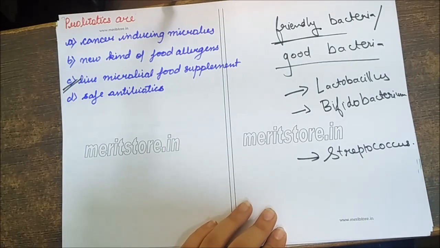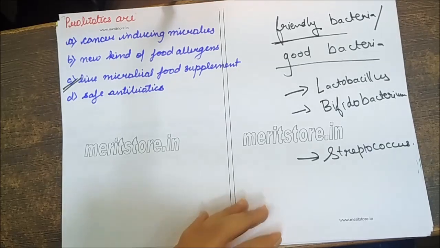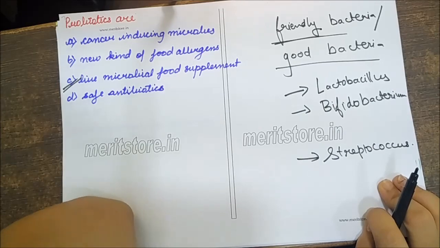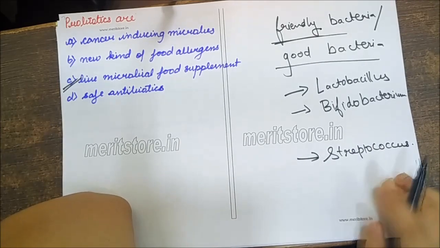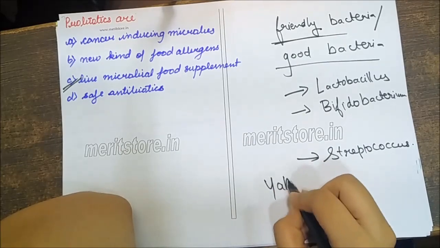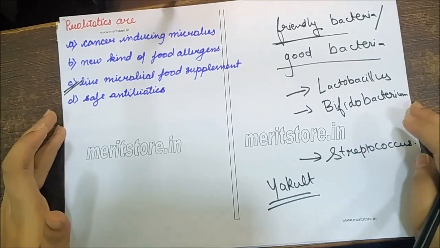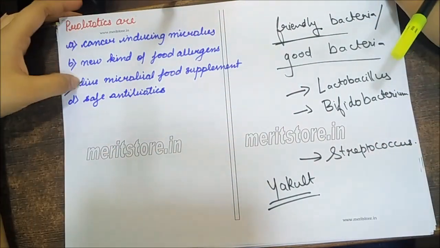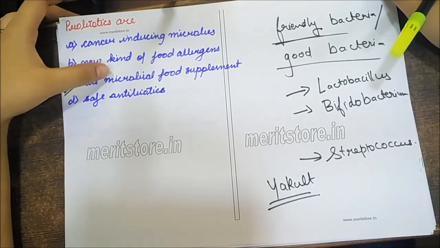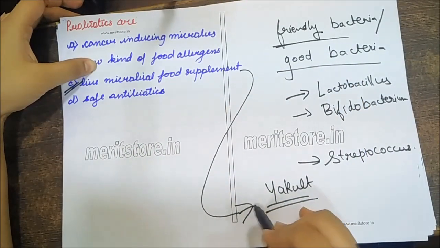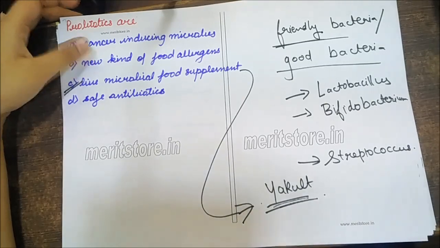So probiotics are taken as food supplements and energy drinks. Yes, you may know this energy drink in which Shilpa Shetty acts in that ad, which is Yakult. So probiotics are live microbial food supplements which are present in energy drinks, for example Yakult.